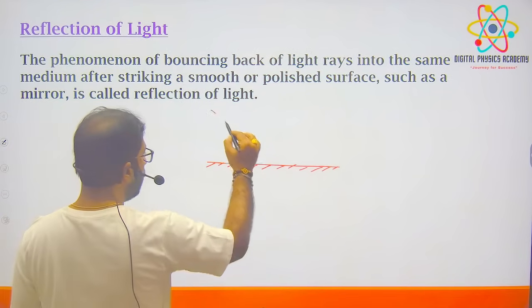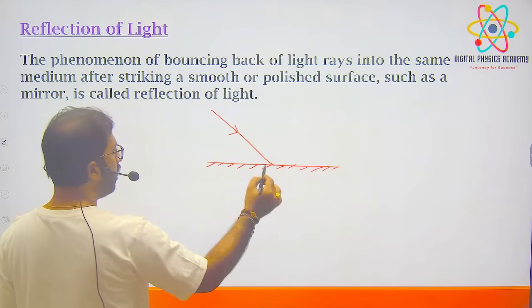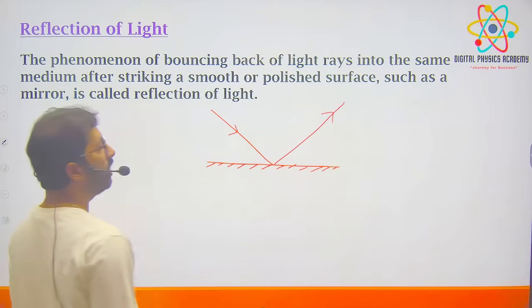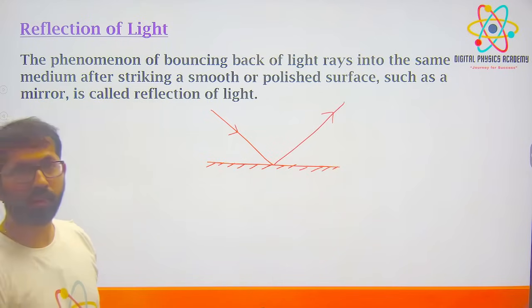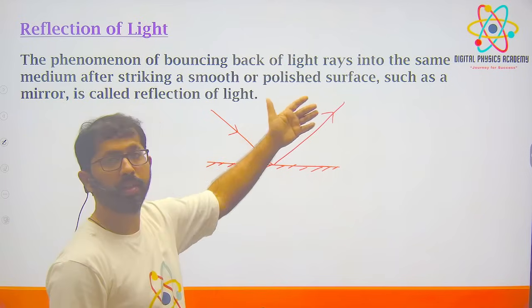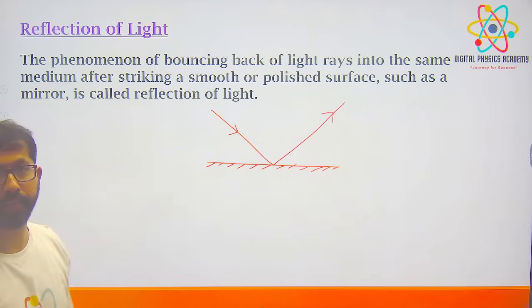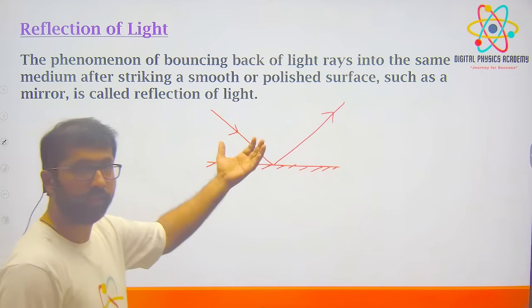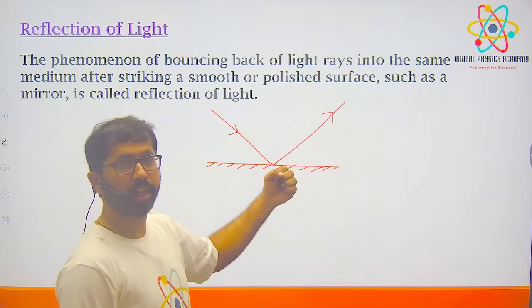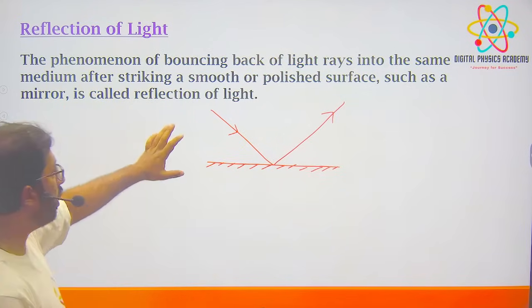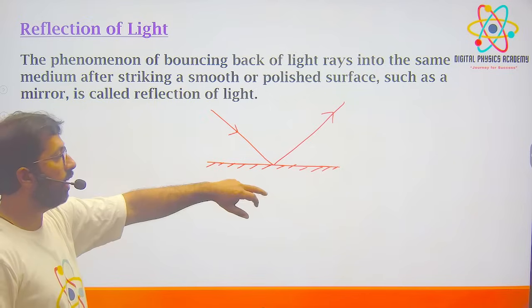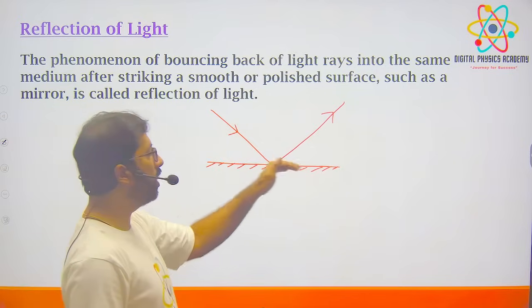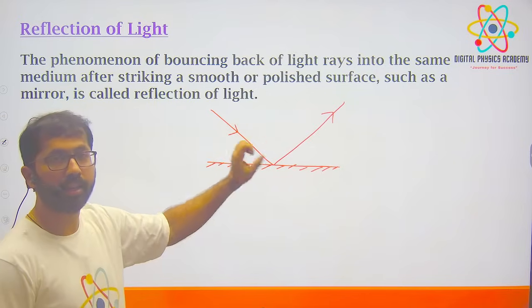When light is incident on the surface, it bounces back. This phenomenon is called reflection of light. Bouncing back into the same medium. That is called reflection of light. Understood? Now we will see the laws of reflection. Bouncing back of a ray of light into the same medium when incident on a polished surface is called reflection of light.